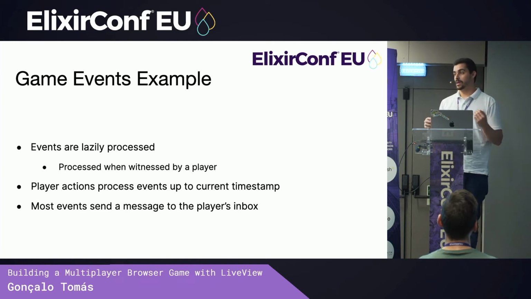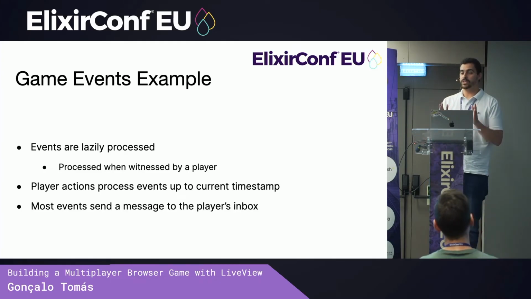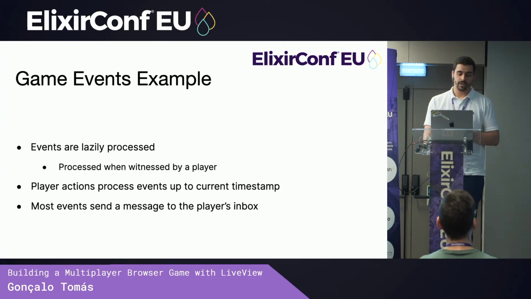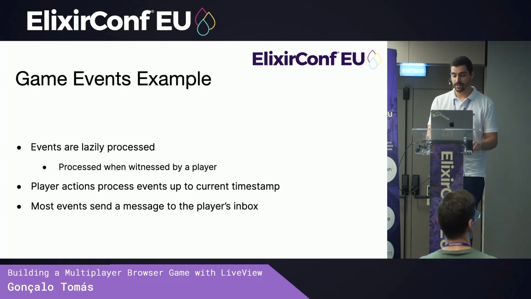That request is associated with a certain timestamp at server time, and what the server is going to do is process the events for your planets up until that specific timestamp. And then additionally, we have to send the results of whatever happened of the event processing to your inbox because, well, it can happen while you're offline.